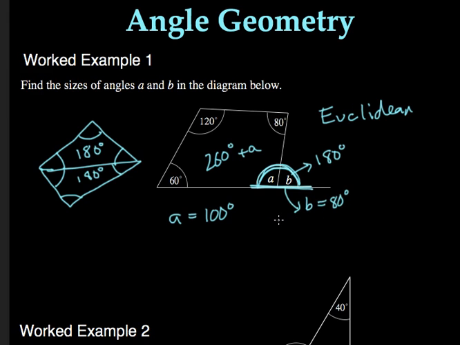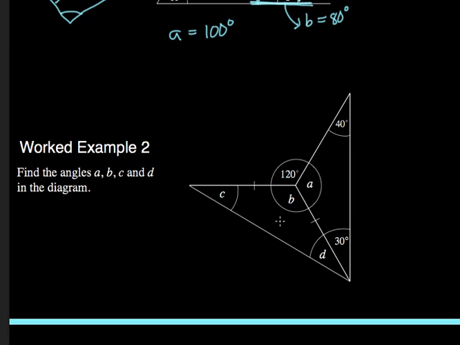Okay, let's scroll down and look at example 2. Now these lines, if you see them on any triangle, represent what's called an isosceles triangle. That's spelt like this, isosceles. I remember it because it's got the SC in it for scalene.